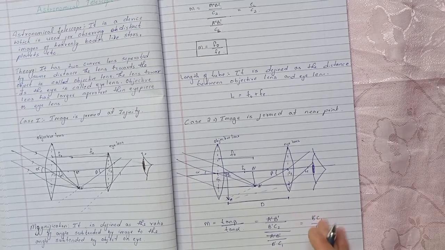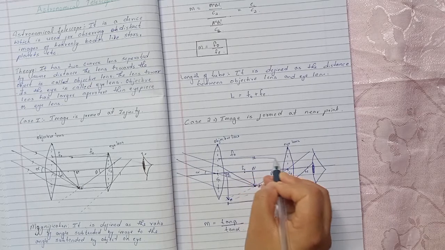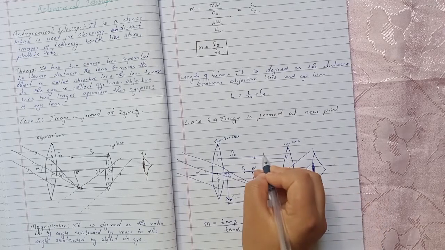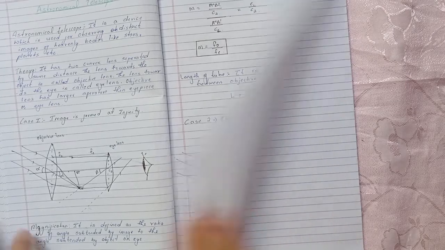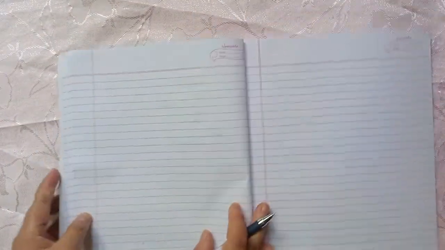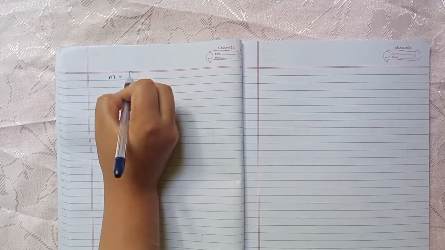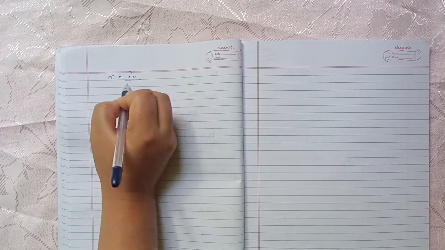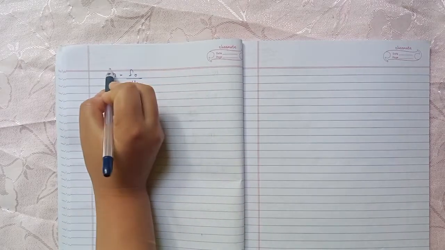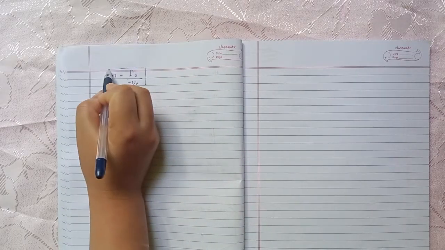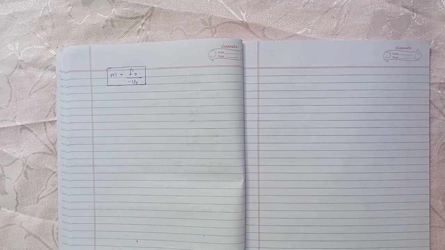Now, the length from this image to the eye lens will be given as UE. So my magnification will be M is equal to FO by UE. So this is the magnification where the image is formed at the near point.